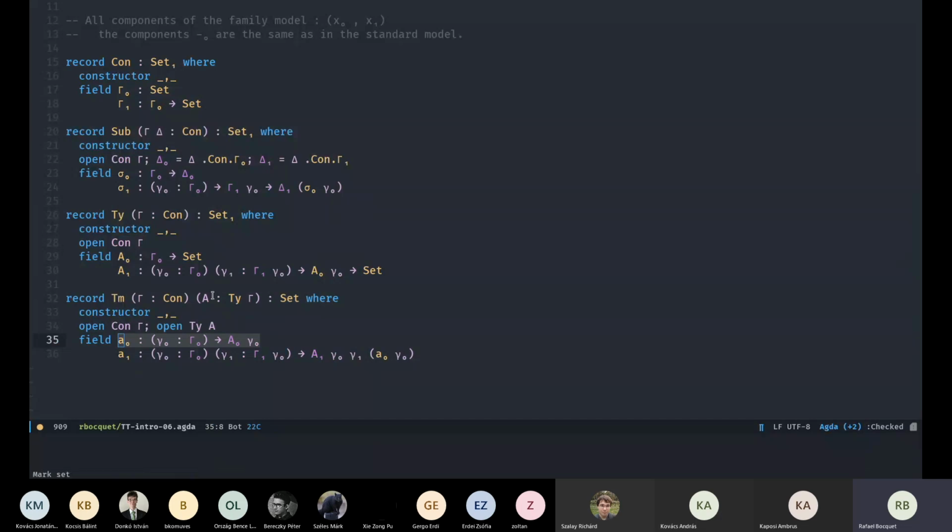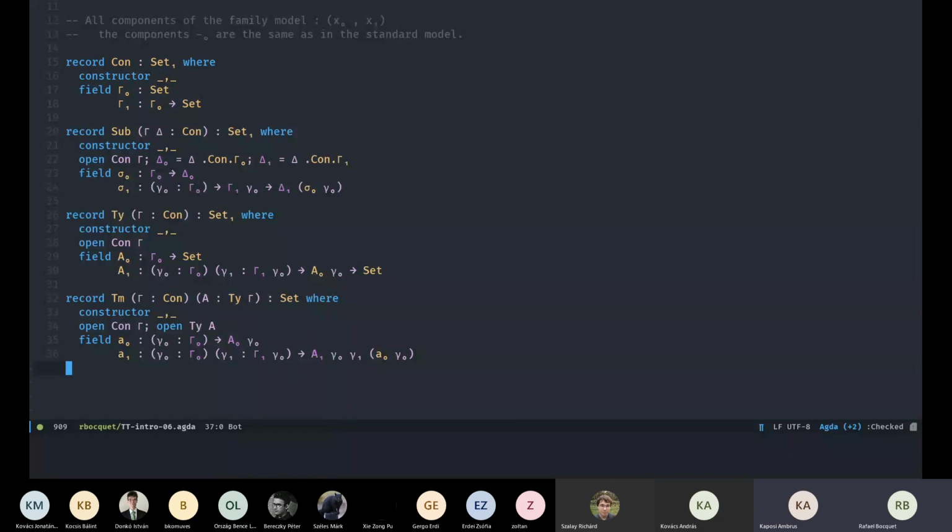So terms of a given type are given by a family of elements of the base type over the first part of the context, and a family of elements of the second part of the type, depending on the second part of the context.